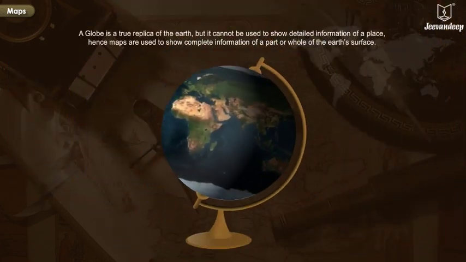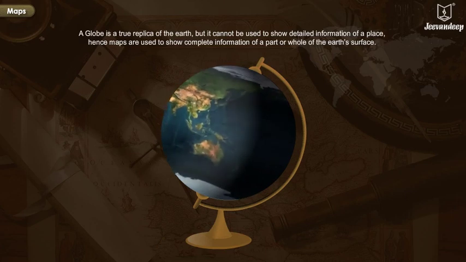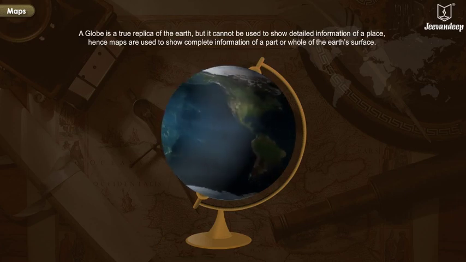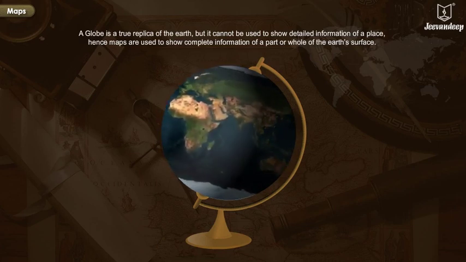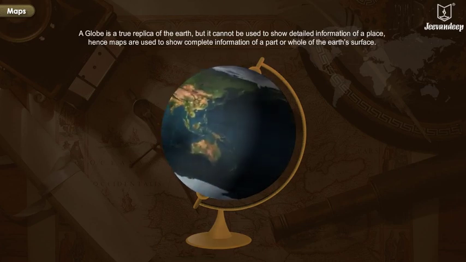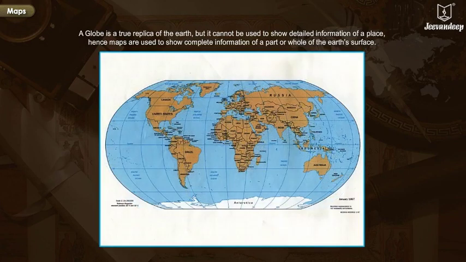A globe is a true replica of the Earth, but it cannot be used to show detailed information of a place. Hence, maps are used to show complete information of a part or whole of the Earth's surface.